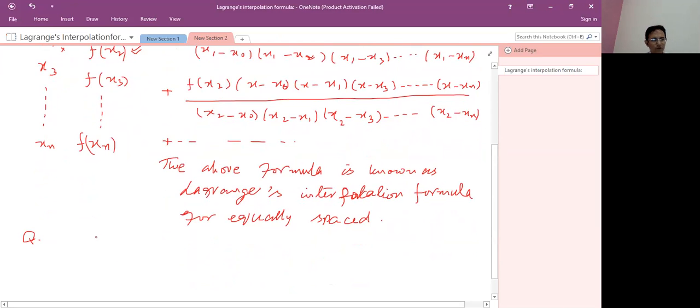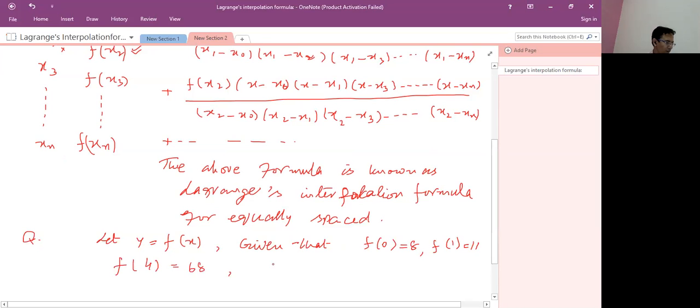For example, let y is equals to f of x, given that f of 0 is equals to 8, f of 1 is equals to 11, student, f of 4 is equals to 68, and f of 5 is equals to 123.